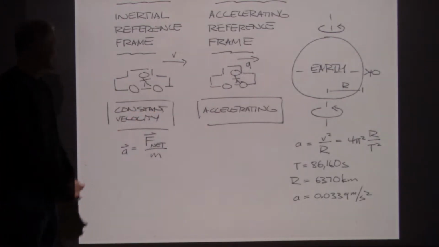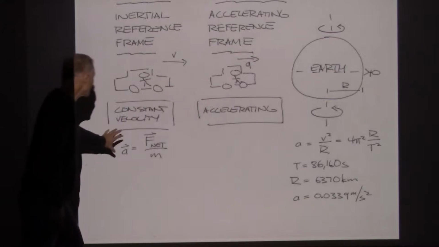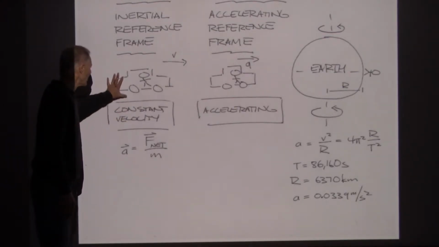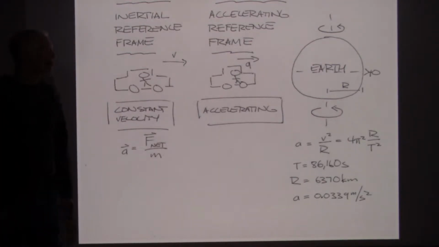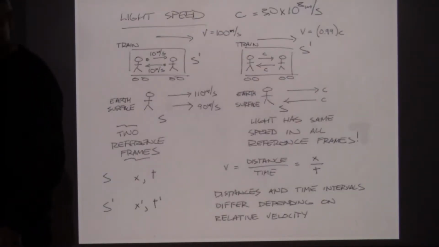And again, it turns out to be a fairly small effect here. All right. And so the formulas that we've developed are going to work as long as we're in an inertial reference frame where the reference frame is roughly undergoing constant, steady motion.